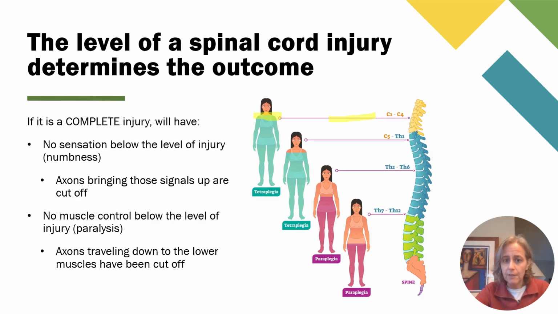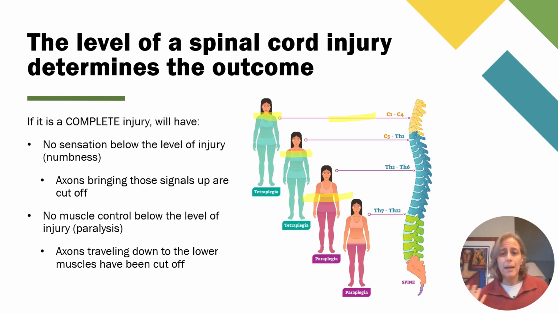You see here, if it's a little bit lower, well, then they have some control over and some sensation up here. This is approximately a T10 level they're showing you, where now it's just from the waist down. You have no sensation and no motor control, so therefore you're paralyzed.